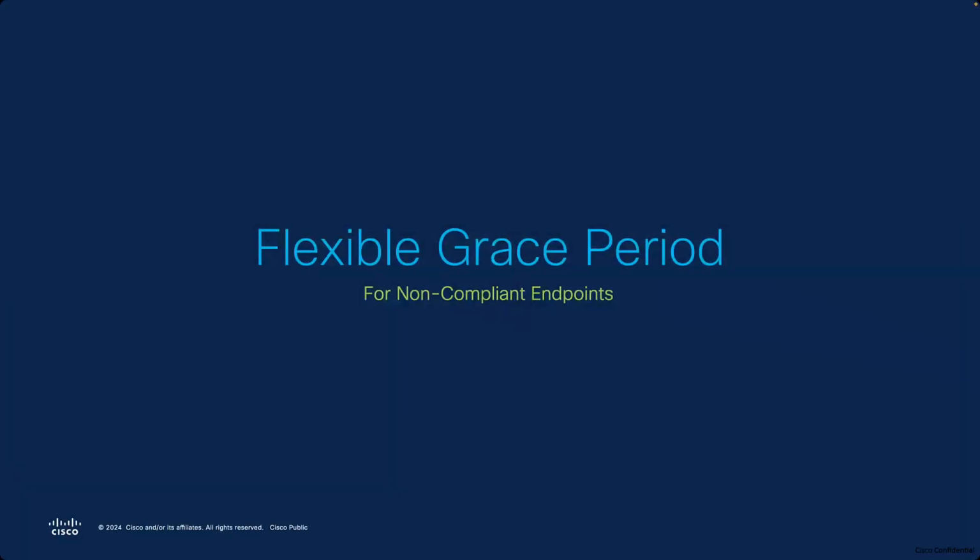Now let's talk about a flexible grace period. I would give an example: consider a situation where your security administrator is looking for the latest patches on all your endpoints, be it critical, latest, optional, whatever updates.